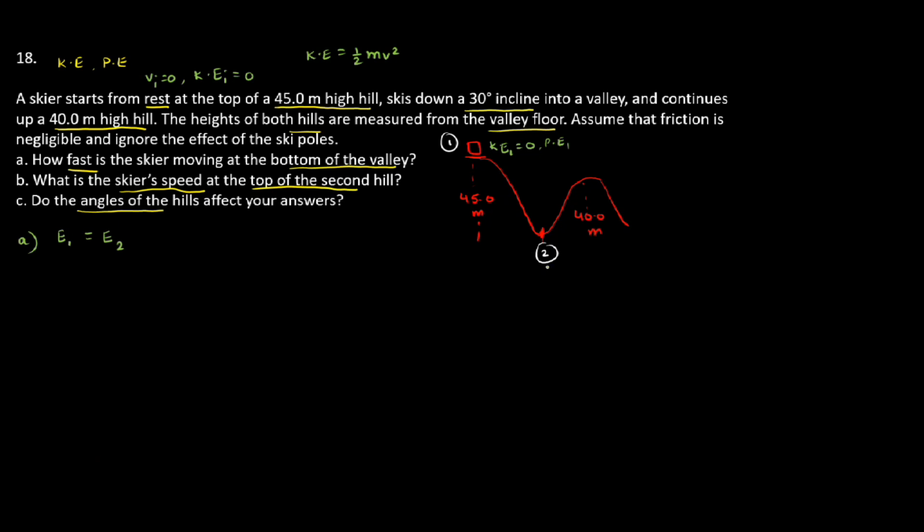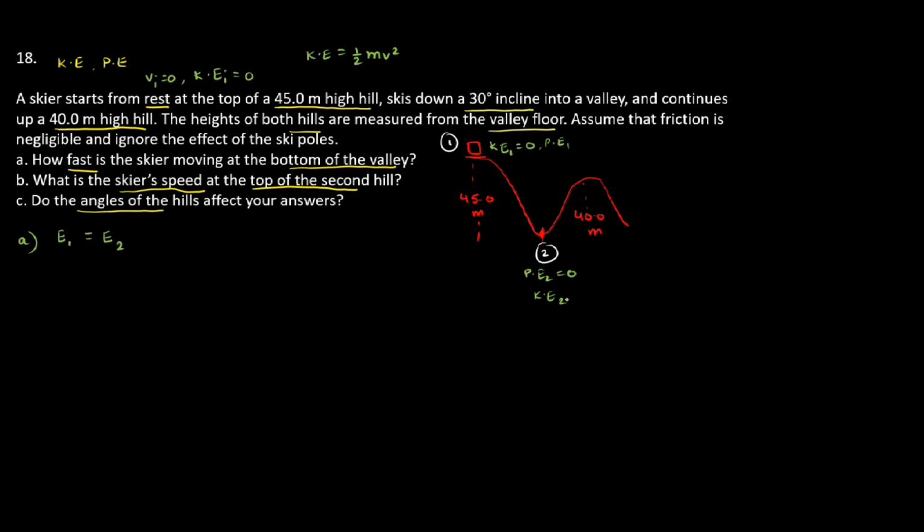When he reaches the bottom of the hill, the height is 0, so potential energy at this point becomes 0. But he has some kinetic energy because he has velocity. So at the second point, the bottom of the hill, the skier will have only kinetic energy.